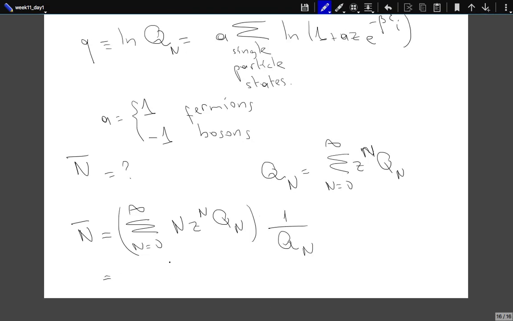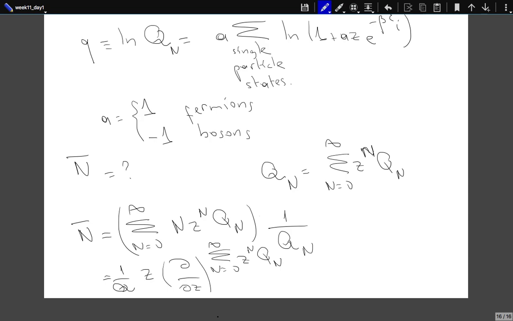This we can write as the derivative with respect to z of the sum over n from 0 to infinity of z to the n Qn, times z, and then divide by the grand partition function.